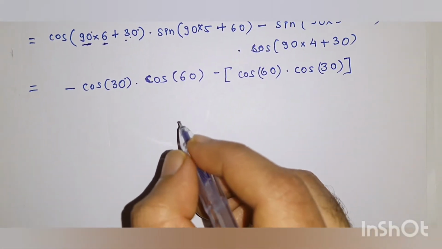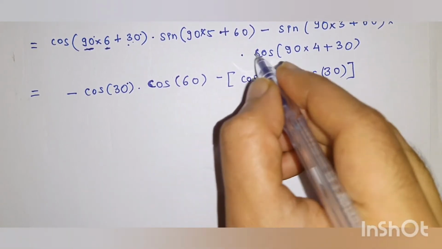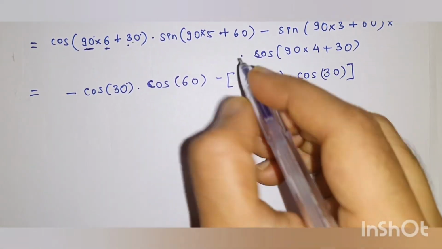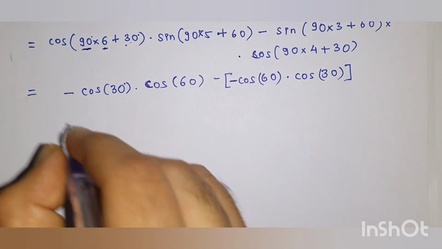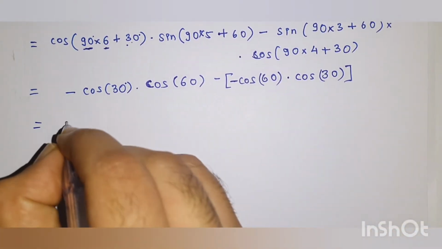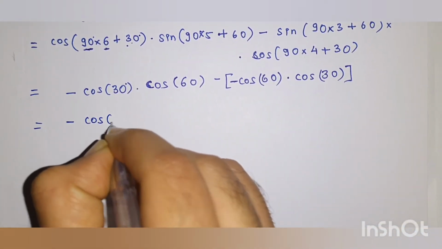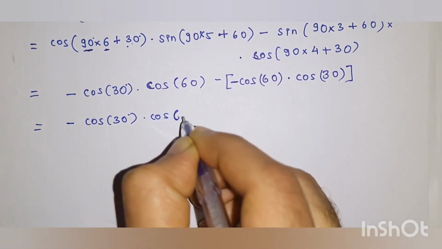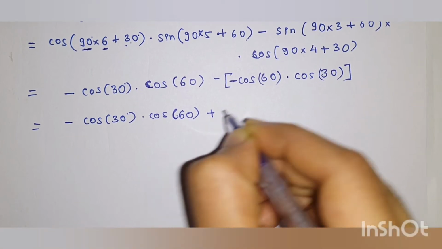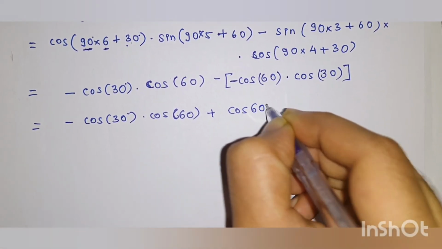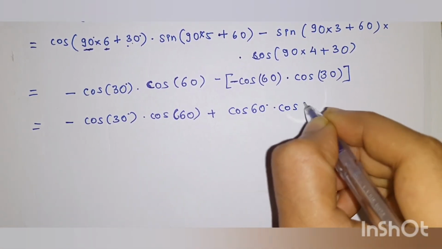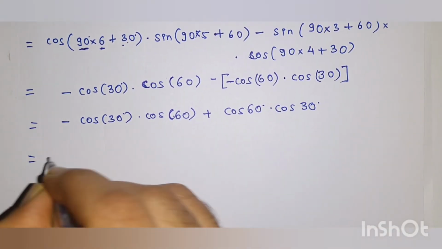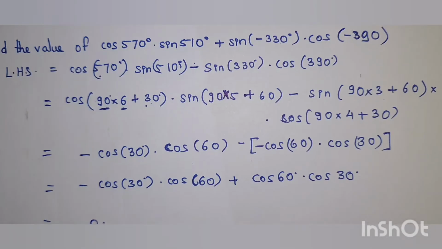Now here, as the sign is changing in cos, it will have a negative sign, hence this negative and positive. Therefore cos of 30 degrees into cos of 60 degrees plus cos of 60 degrees into cos of 30 degrees will be equal to 0.